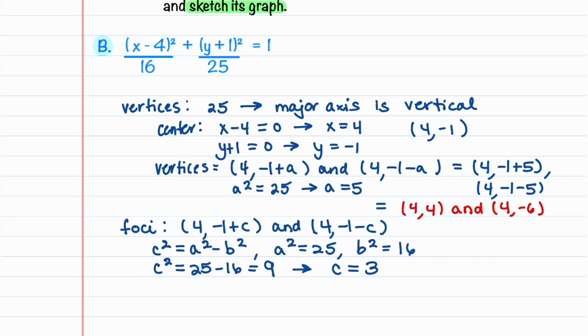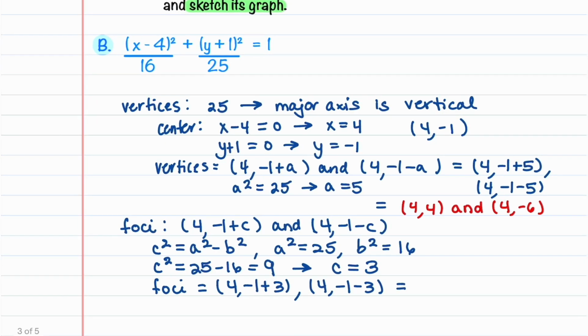Now let's go ahead and put down our foci. Our foci are equal to 4, minus 1 plus 3, and then 4, minus 1 minus 3. And this is equal to 4, comma 2, and 4, minus 4.